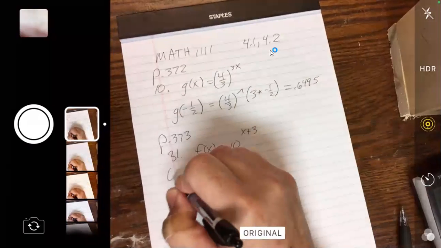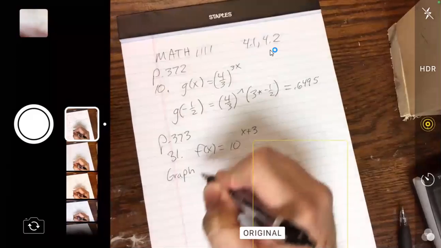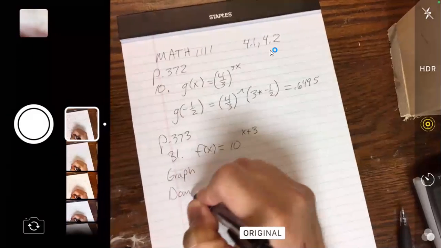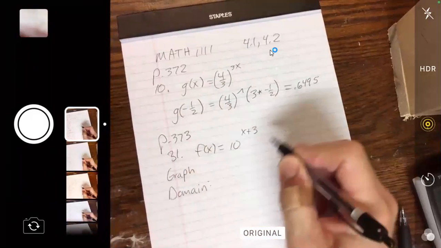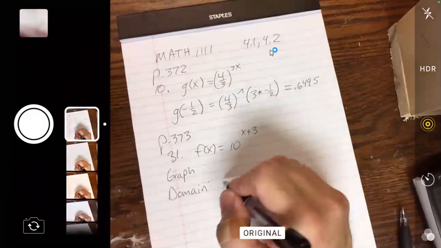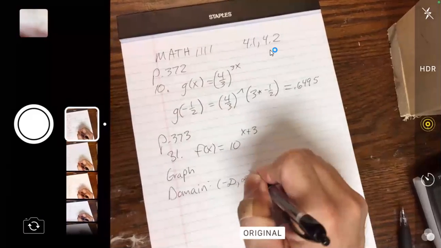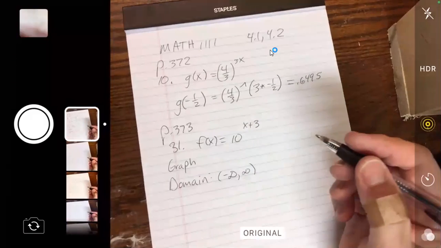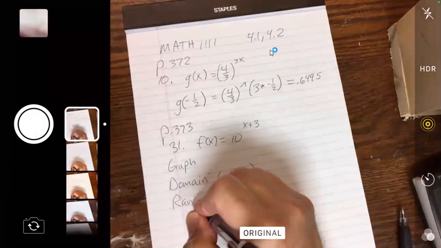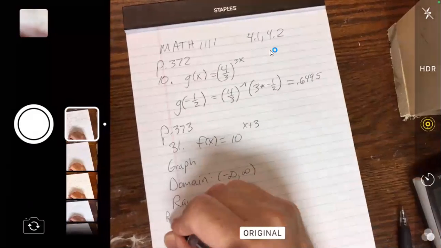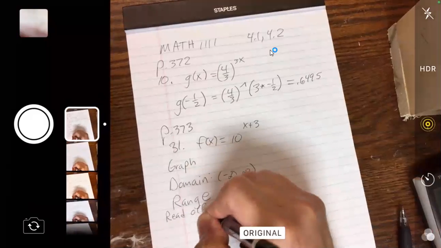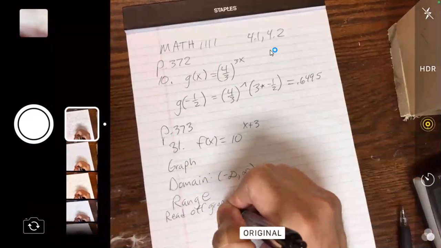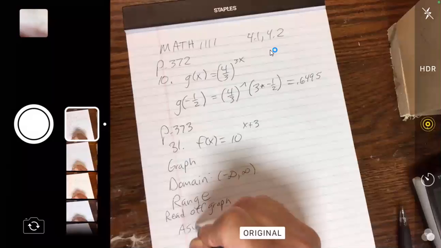And they want a graph. Domain, that's easy. I don't have to do all of these things. Negative infinity, infinity, just like polynomials. Range, I'll have to read off the graph. And they want the asymptote.